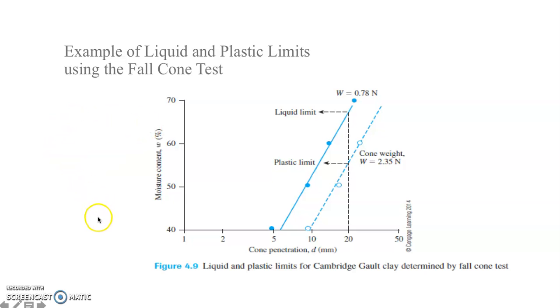Still, the depth of penetration is 20, that is the standard, and if you obtain the depth of penetration on a particular trial which is 20, the corresponding moisture content is now the value of the plastic limit.